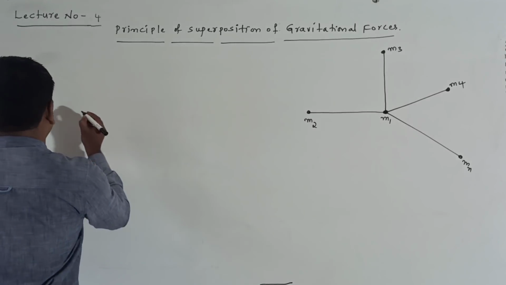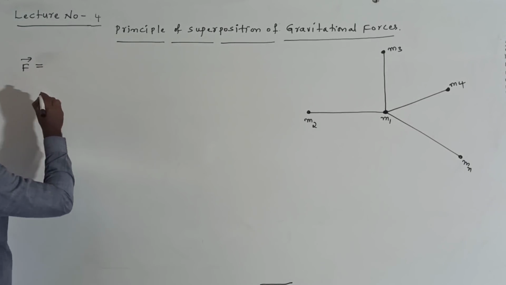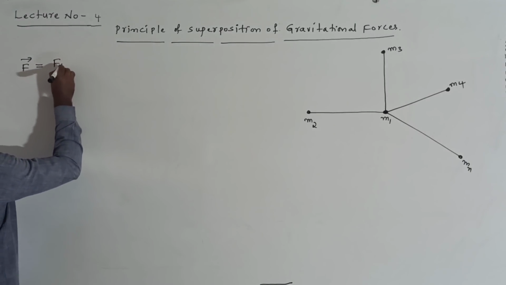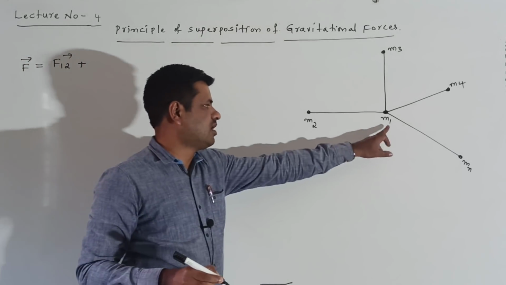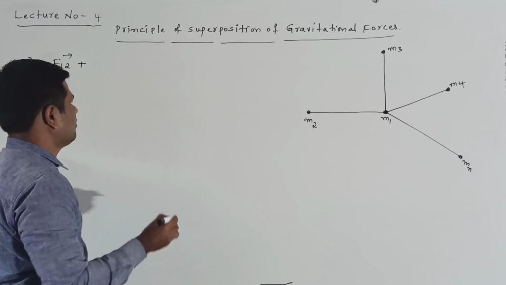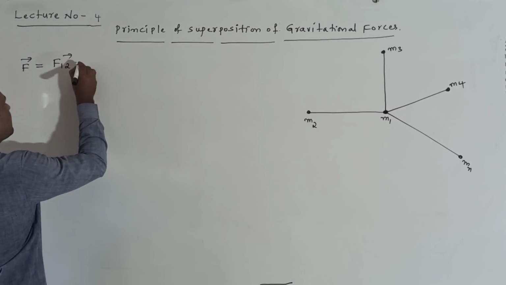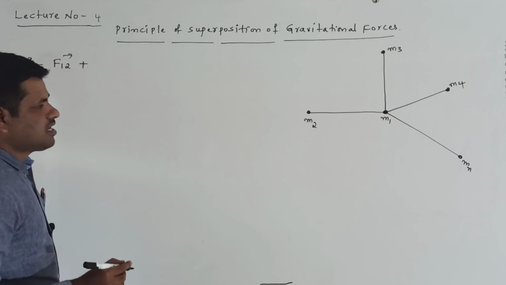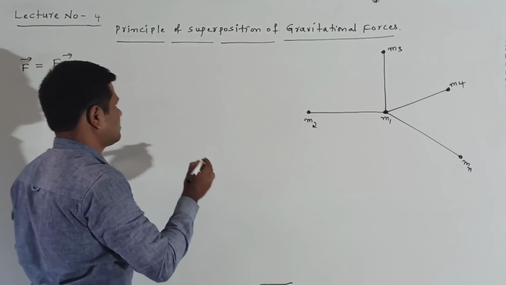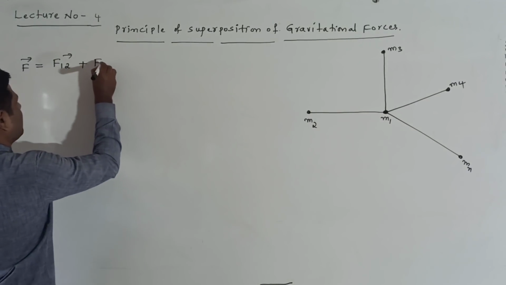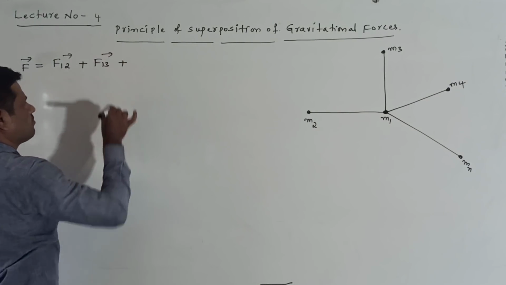The total resultant force can be written as F12 bar, which is the force acting on the M1 mass due to M2 mass, plus, vector sum means plus, the force acting on the M1 mass due to M3 mass, which is F13 bar.